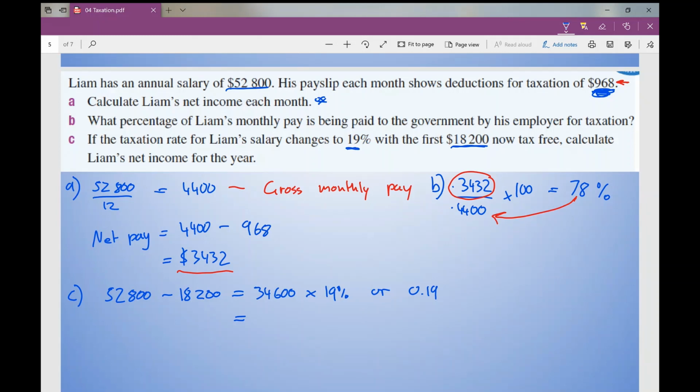So we put that in our calculator and we find out that the amount of tax Liam pays is now 6,574. This is Liam's tax. The thing we're being asked to find in the question is actually Liam's net income. So now we need to take Liam's gross income and subtract the amount of tax he owes.